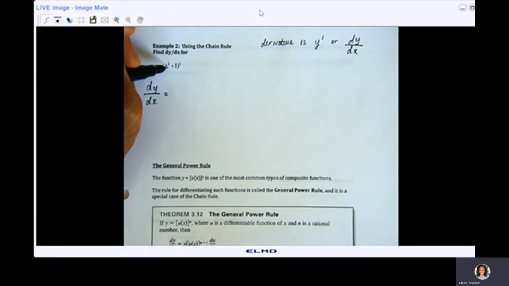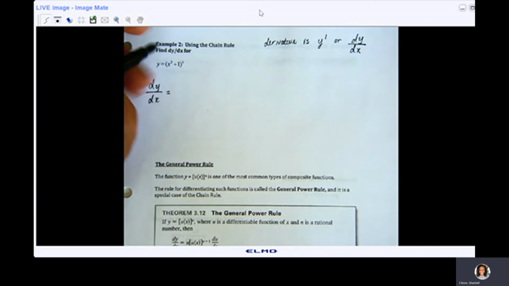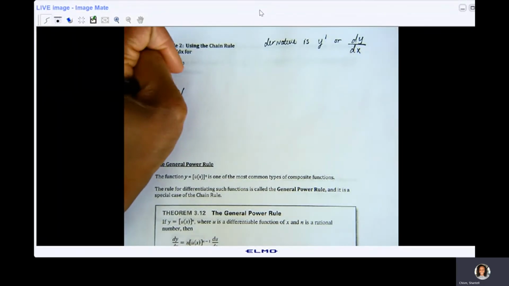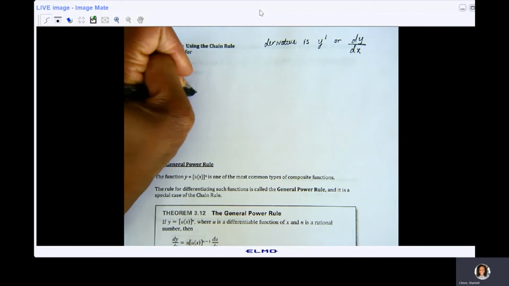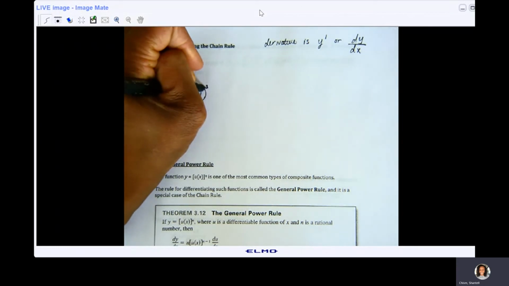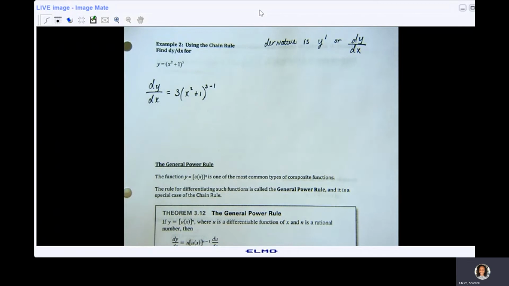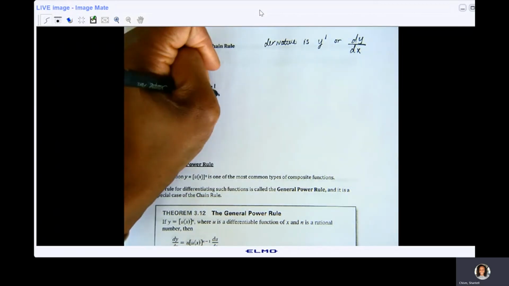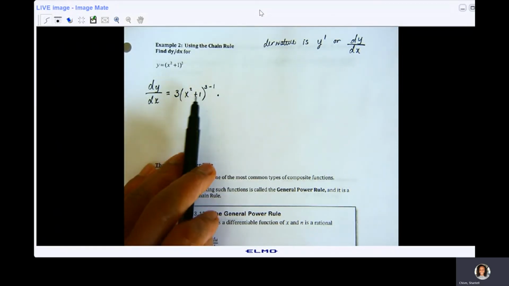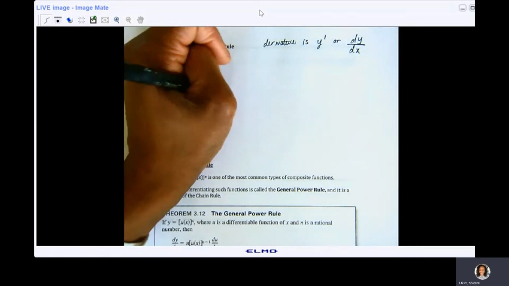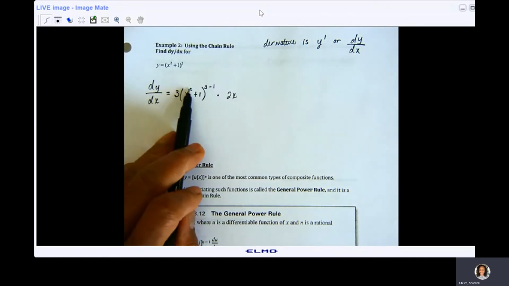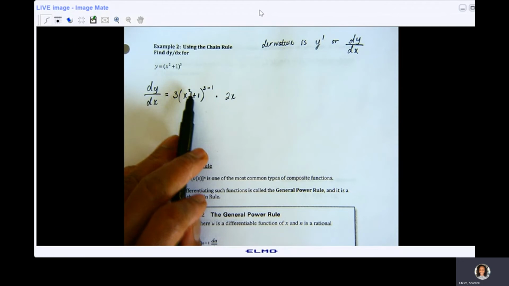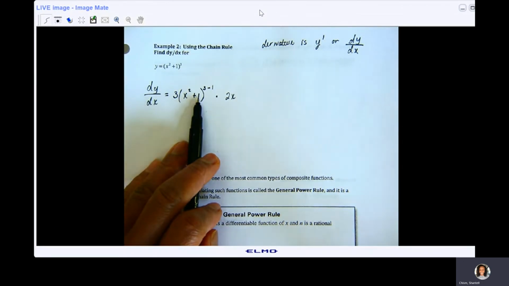Okay? So I would take the outer derivative first, which means I bring down the exponent, keeping the inside the same, and lowering the exponent by 1. Okay? Then I would say times the derivative of the inside. The derivative of x squared is 2x, because I'm going to be bringing down the exponent and lowering it by 1. And then the derivative of a constant is just 0.